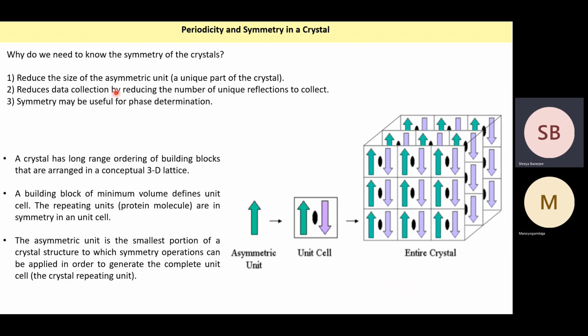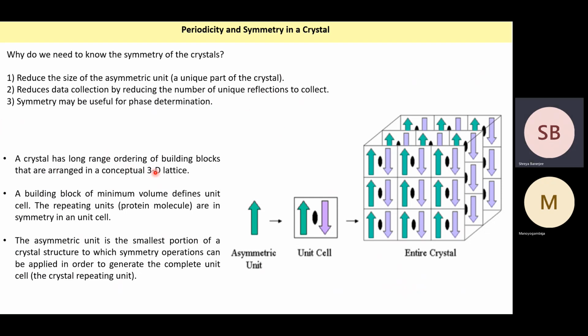So it reduces the data collection by reducing the number of unique reflections to collect. You can simply take reflections from the unit cell and extrapolate that to the entire crystal. So it reduces the data collection time as well as effort. And symmetry may also be useful for phase determination. So these are the reasons you need to know the symmetry of the crystal.